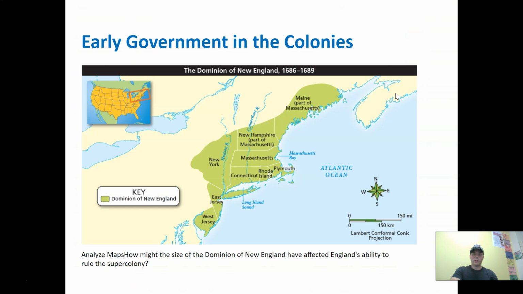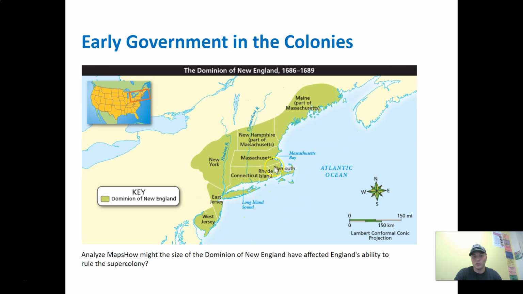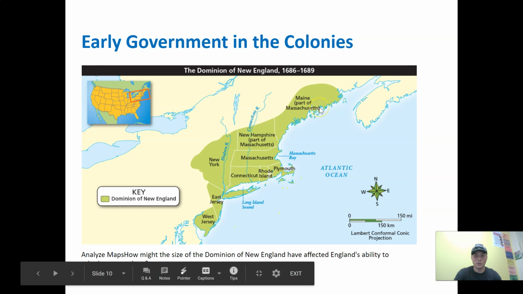So in this map here, one example of how Great Britain would try to put their dominance into the colonies, but ultimately would fail, is with the Dominion of New England. There was a point when Great Britain decided, you know what, in 1686, we're going to try and make all these northern colonies, because they're so small, into one giant super colony.